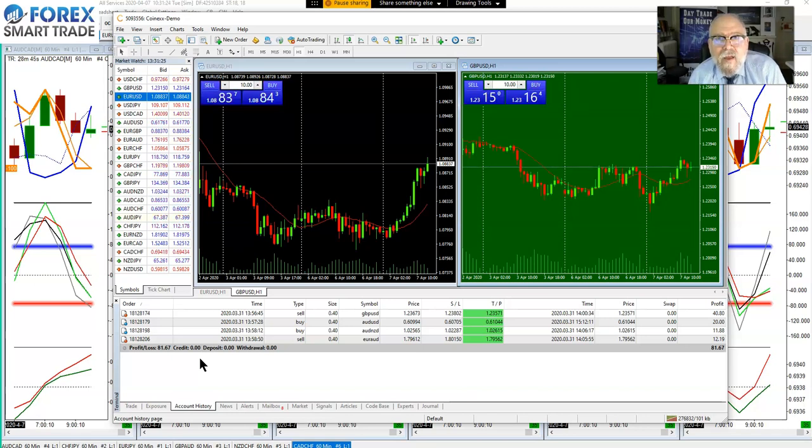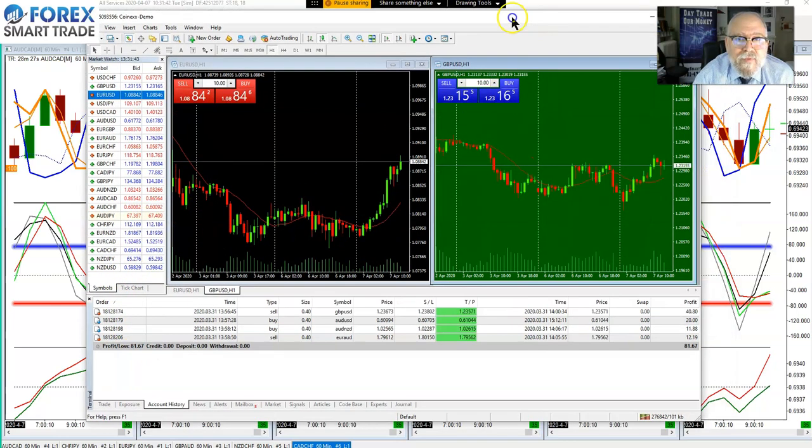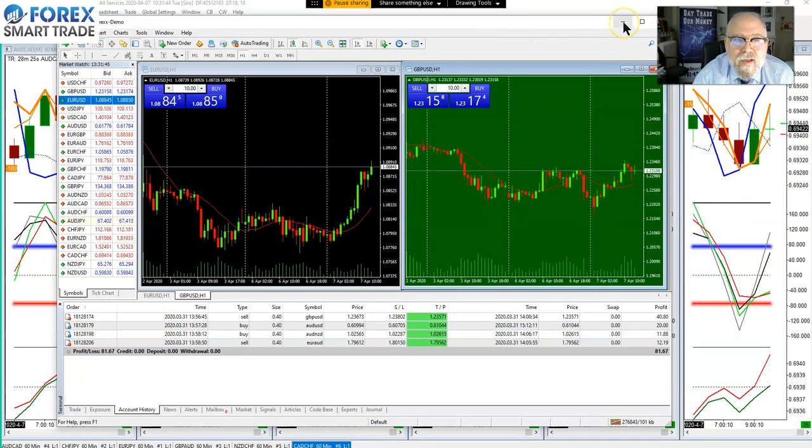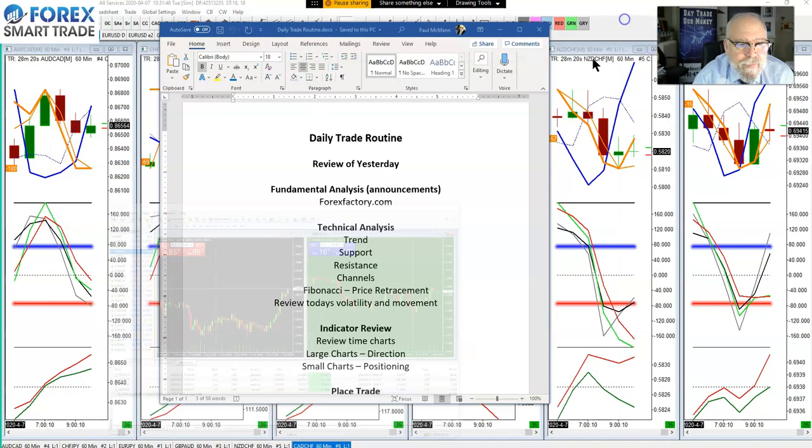Then we look for confirmation from the majors and minors to either be overbought or oversold, depending on which condition we're looking at. Very highly accurate, over 90% of the time this trade works. So when we see that signal, it's a very good trade to take.